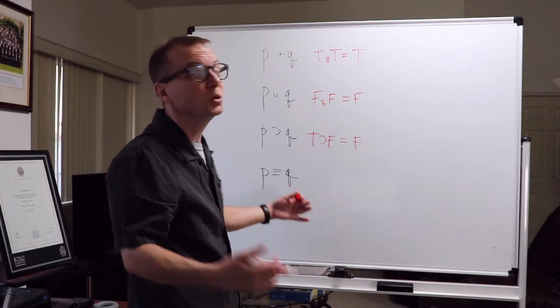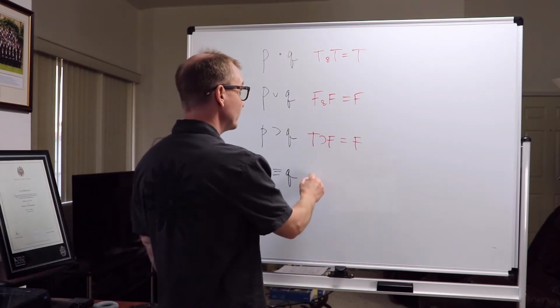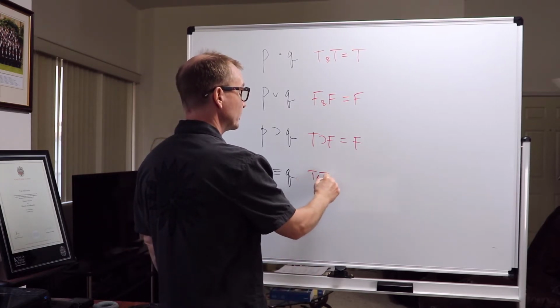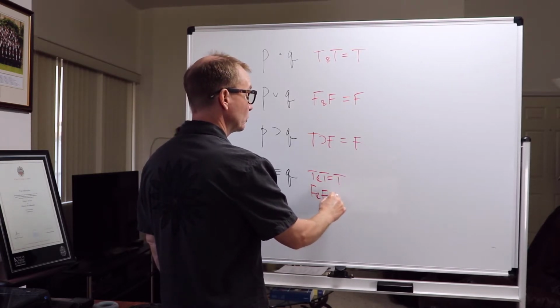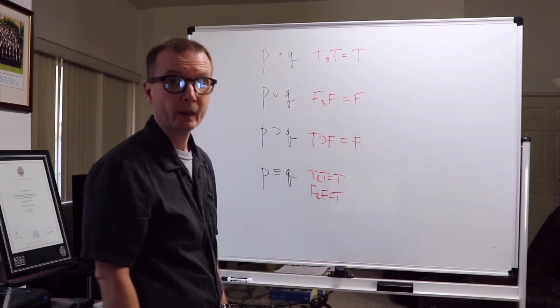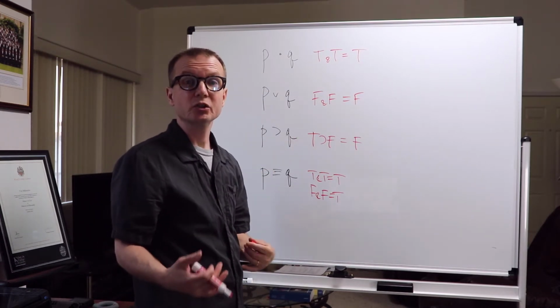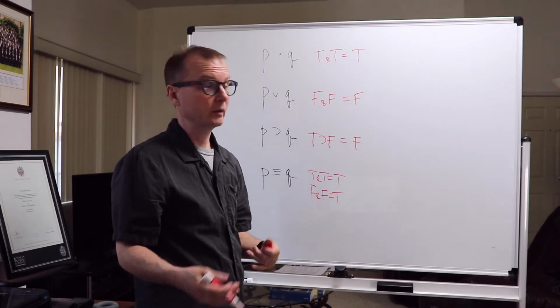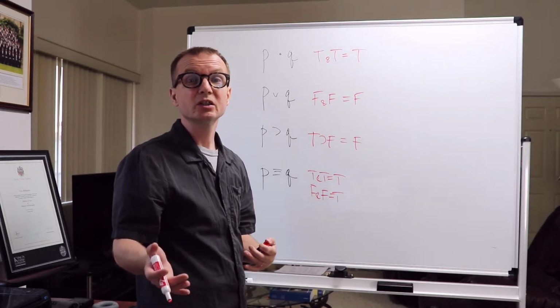We have 2 situations here. If both of them are true, then the result is true, and if both of them are false, then the result is also true. Now, this is important to remember, because this is essentially how you do the entire chapter 6, and in particular 6.5.